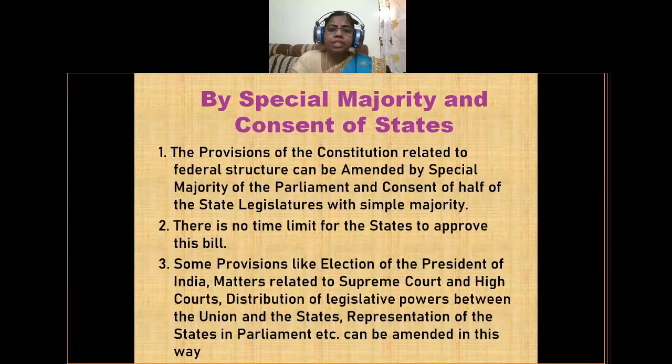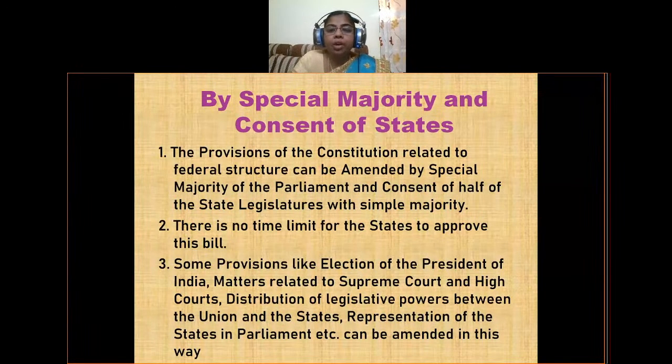So some provisions like election of the President of India, matters related to Supreme Court and High Courts, distribution of legislative powers between the Union and the states, representation of the states in parliament, etc., can be amended in this way. Okay, so these are some of the examples mentioned in the Constitution that can be amended through special majority and consent of half of the states.